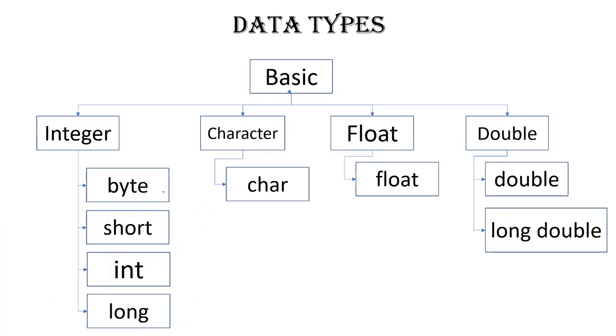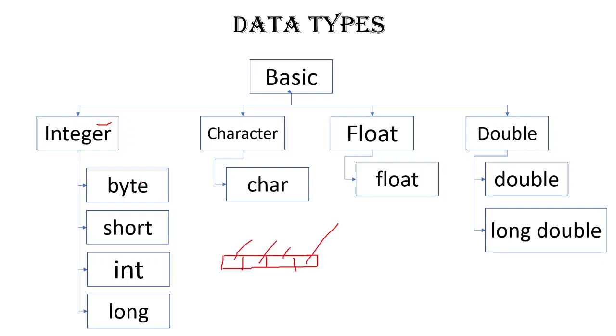Let me clear this ink. What is this byte? As you know, these values are stored in the memory, and in the memory they are stored in the form of bytes. One byte is equal to 8 bits. This is 1 byte, this is 1 byte, this is 1 byte, this is 1 byte.